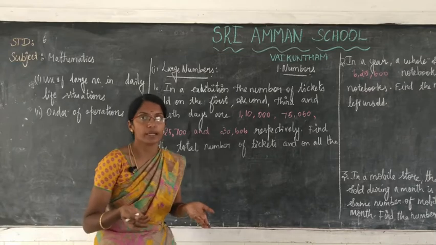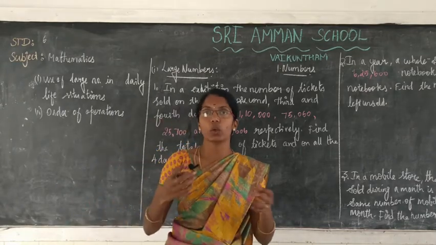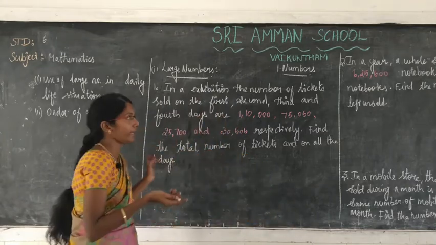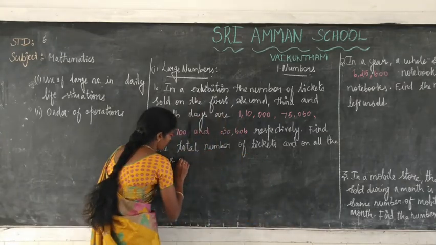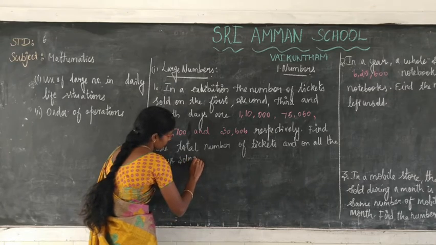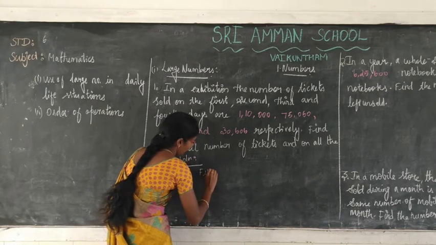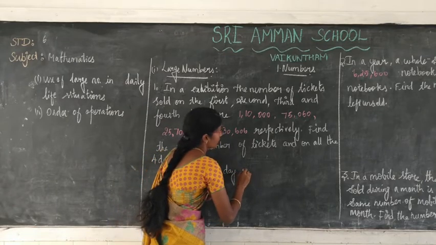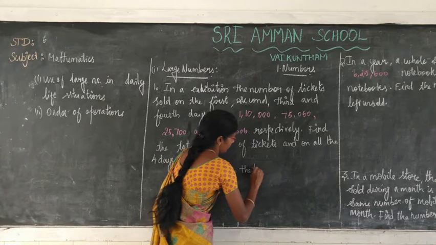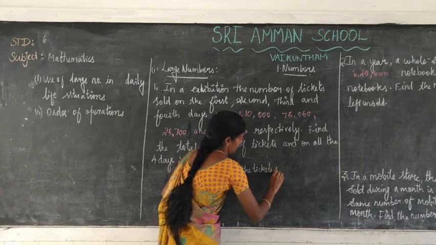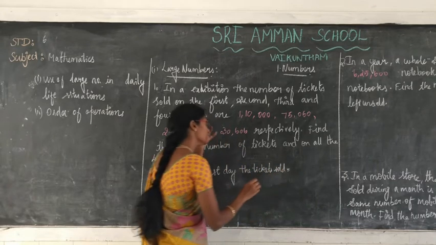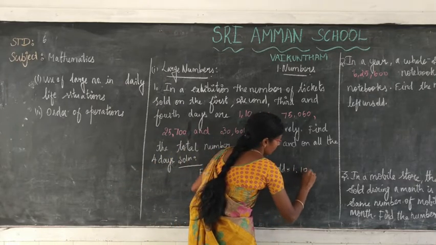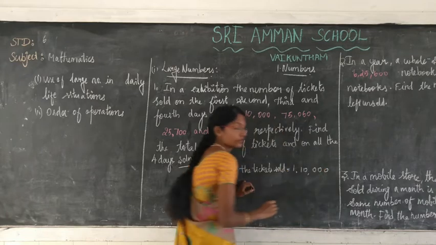What will you do here? Find the total. Total means what we have to do? We have to add. So how will you add? First write the solution. First day, the tickets sold equal to 1,10,000.